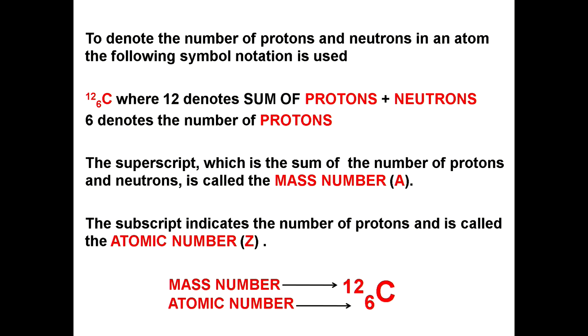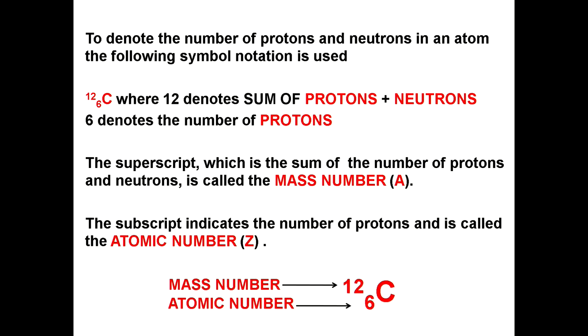This number 12 is the sum of protons and neutrons. The atom also has neutrons. Neutrons are neutral, but they have mass, they have weight. And this number, 6, is the number of protons.